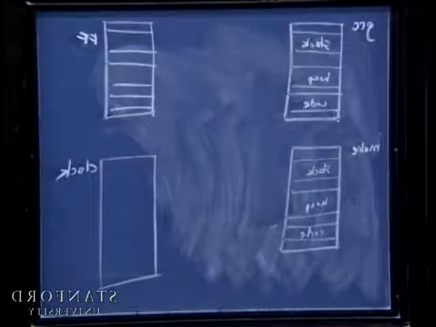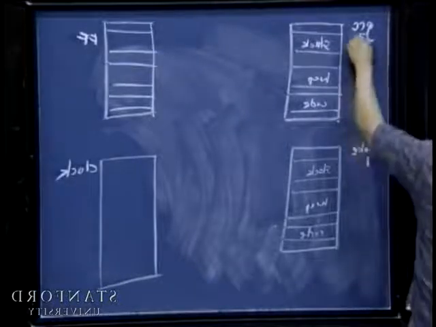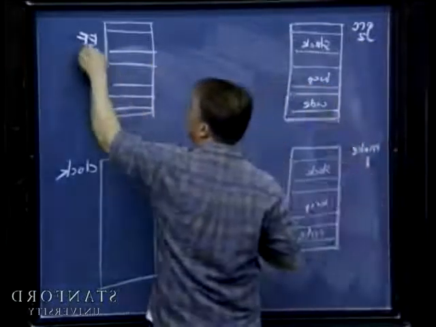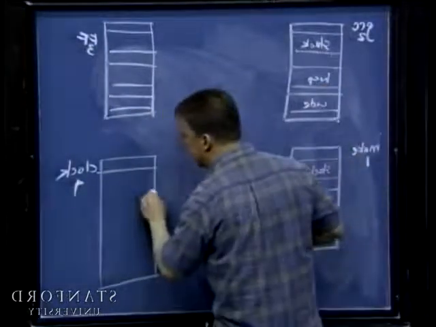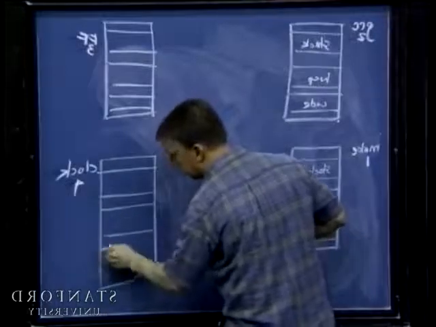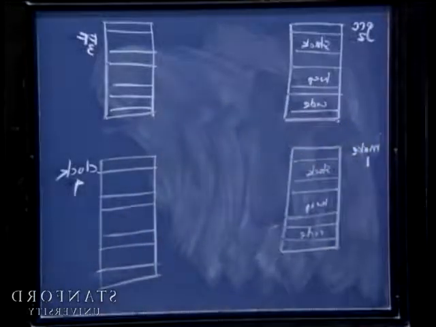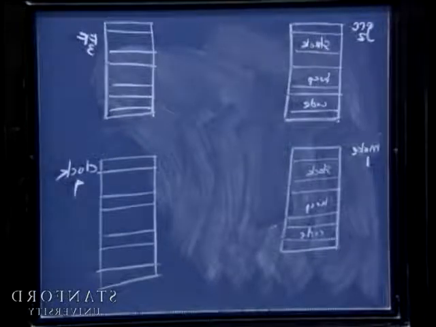Those are 4 virtual address spaces that all seem to be active at the same time. I'm going to call this process 1, process 2, process 3, and process 4. When I draw these little bands, these segments, they're all assuming that they have as much room to stretch out to make the stack as big as necessary, the heap as big as necessary to meet the demands of the program.